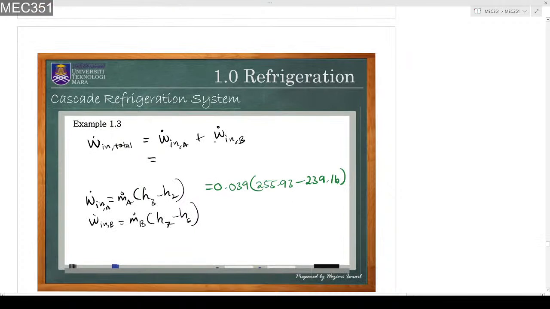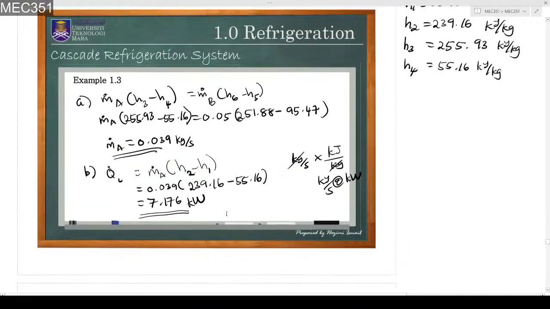Okay, so awak akan dapat nilai 0.65403 kilowatt. This is the work in for A.